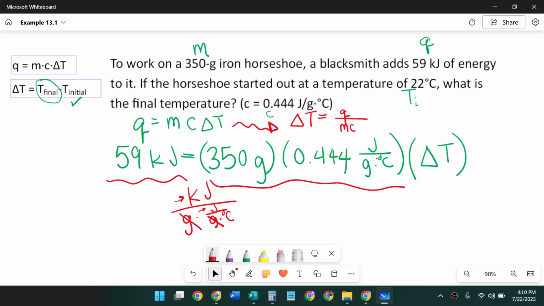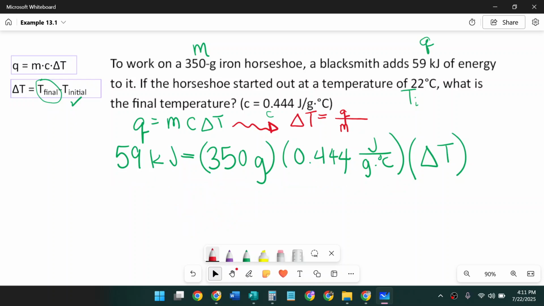So before I even start, I need to recognize what units I have, because my units have to cancel. If you include all of your units in the problem and work through it, you'll realize when kJ and J do not cancel, and you'd know you needed to go back and fix it. That's one of the reasons it's very good to always write your units in.